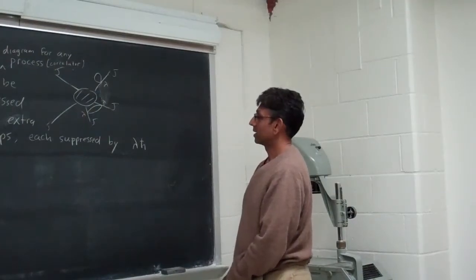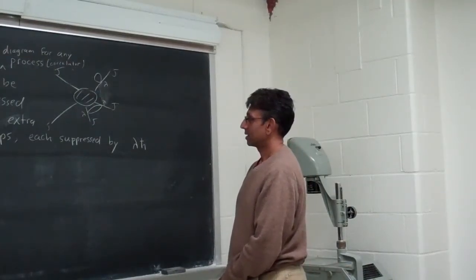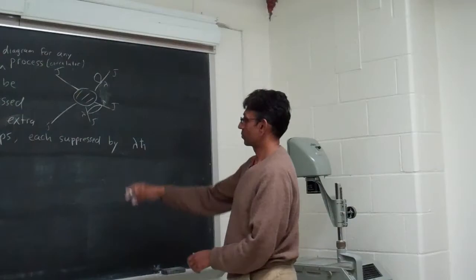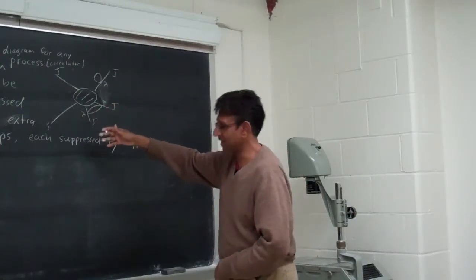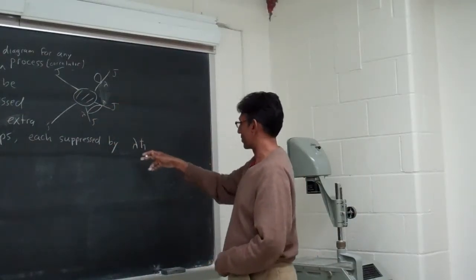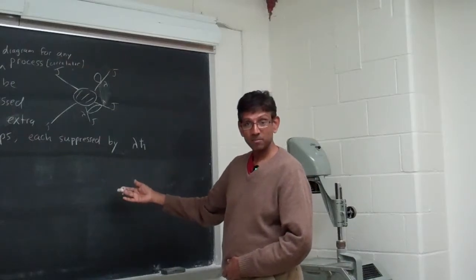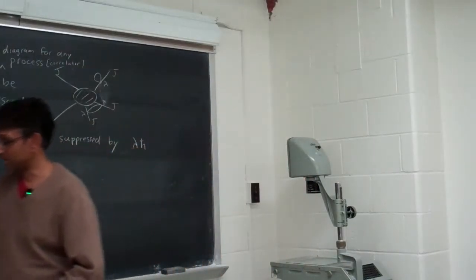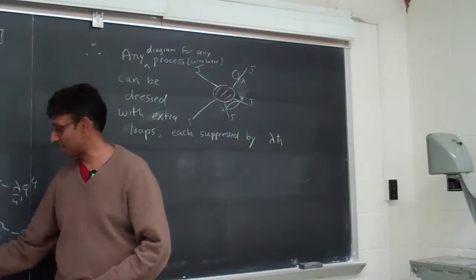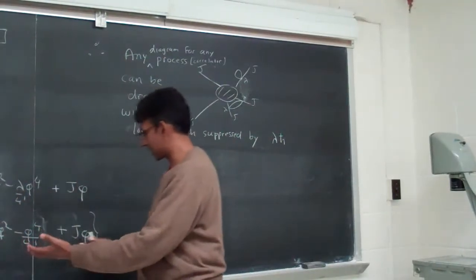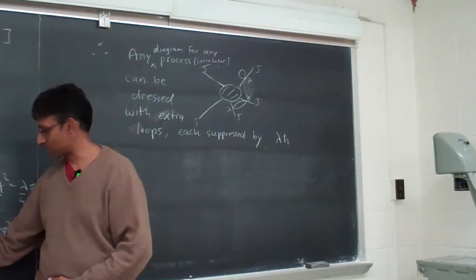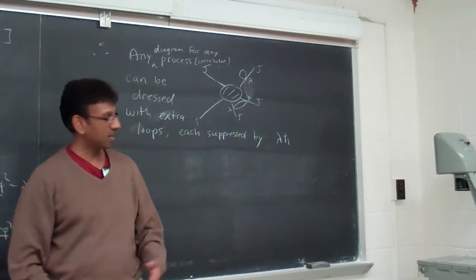So in fact, we are seeing by the example I'm doing that indeed every extra loop comes with a lambda, but since lambda in this calculation is multiplied by h bar, it comes with h bars.